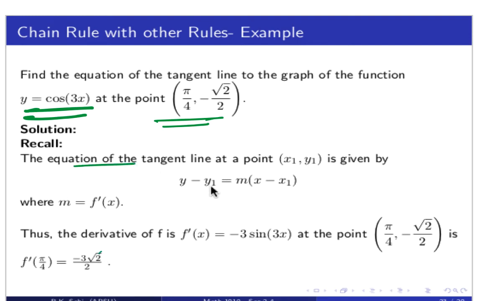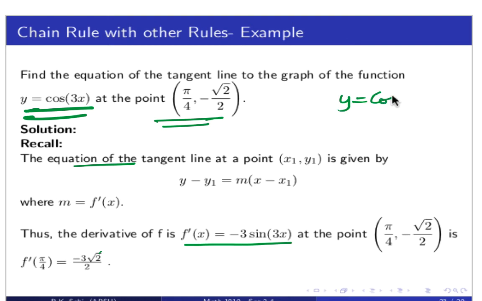Y minus y1 equals m times x minus x1, where m is f prime of x. So the first thing we need to do is find the derivative of this function. Now this will be a chain rule. The outer function is cosine, and the inner function is 3x.